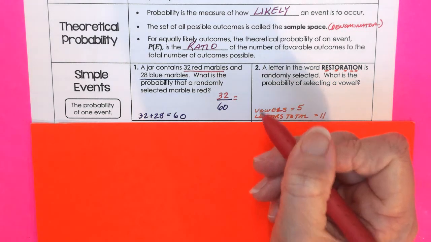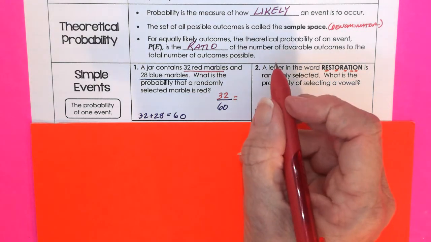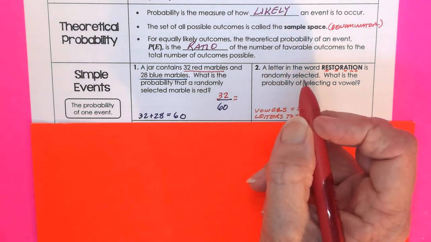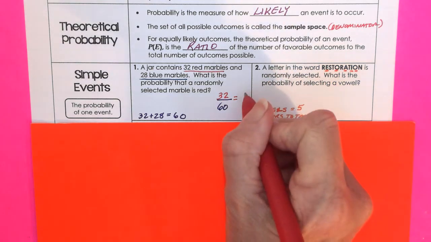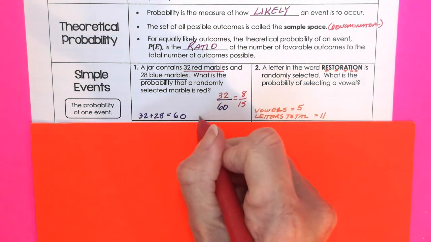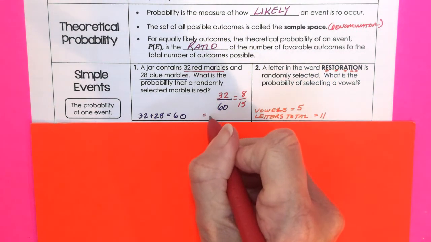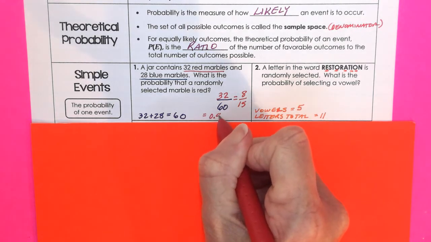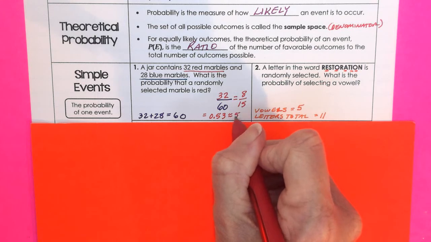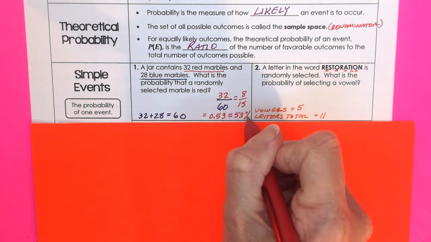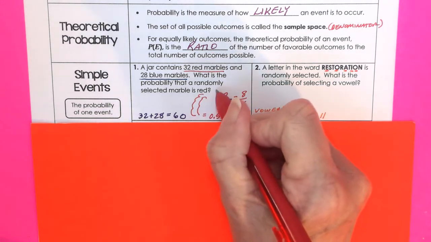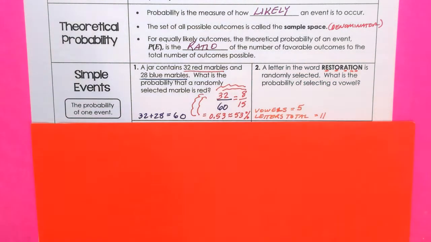So you immediately reduce that, and it becomes 8 over 15, which in decimal form is equal to 0.53, and if we multiply by 100, we get approximately 53%. So this right here is the work to support that answer.